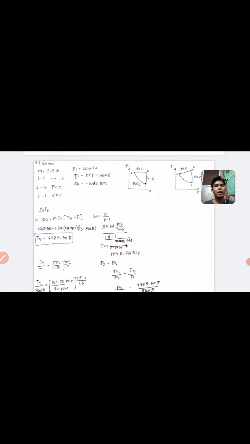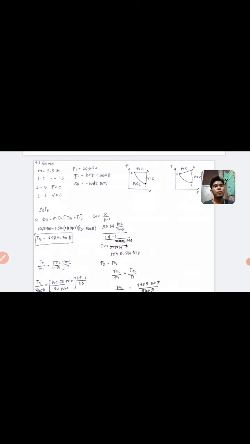So for the letter A, from the formula of QR is equal to mCV multiplied by the T3 minus T1. Since we are going to find the value of T3 and we have the value of QR, the mass, and also the T1.